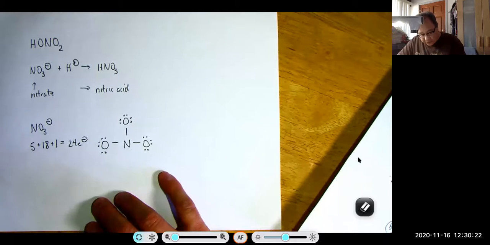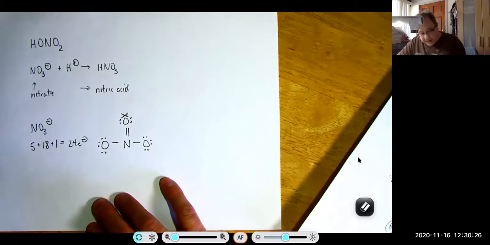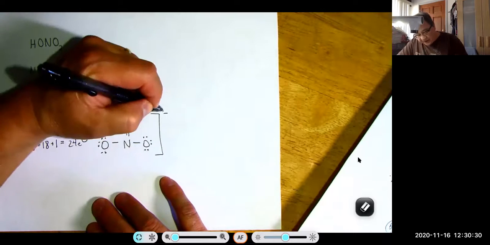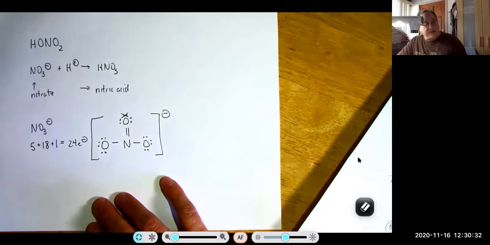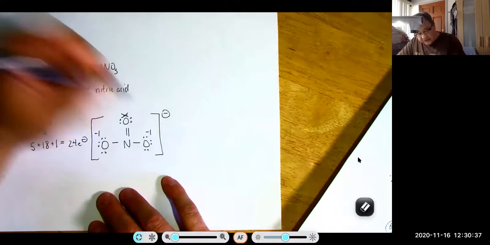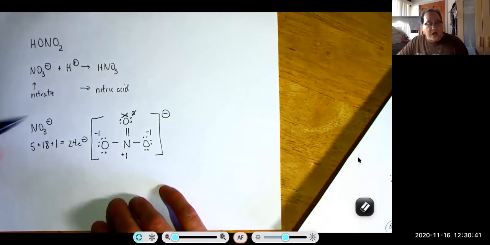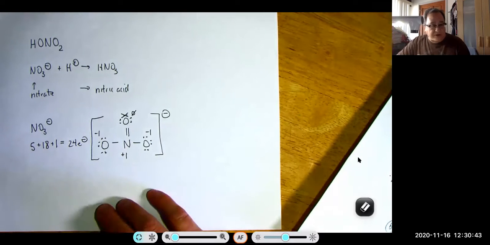So what we're going to do is take a lone pair and make it into a bond. And now the nitrogen has an octet. We're going to put a minus on the outside, and we're going to assign formal charges: -1, -1, 0, and +1. This has a lot of formal charges that are zeros.